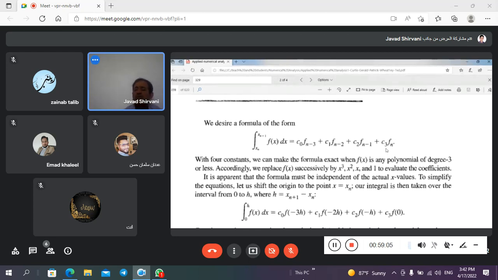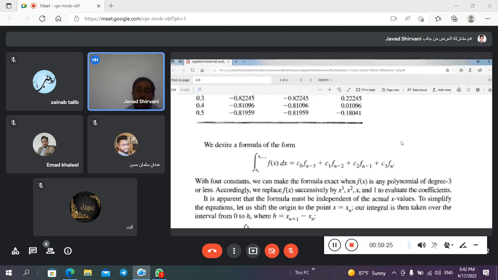We suppose that this integration can be solved numerically with the right side formula of this equation. You can see this is the assumption.